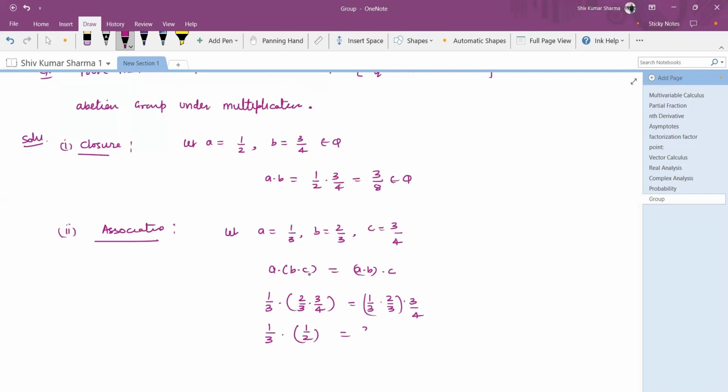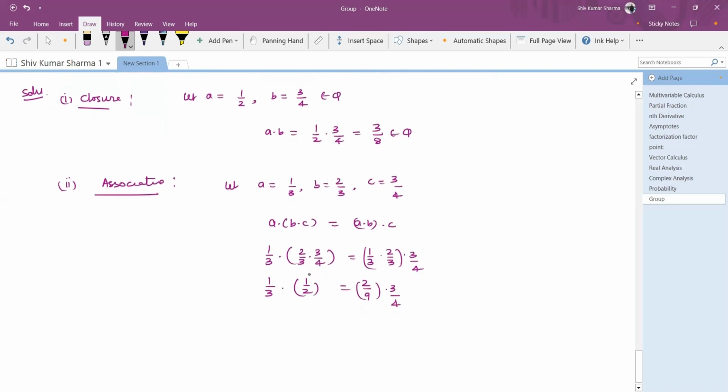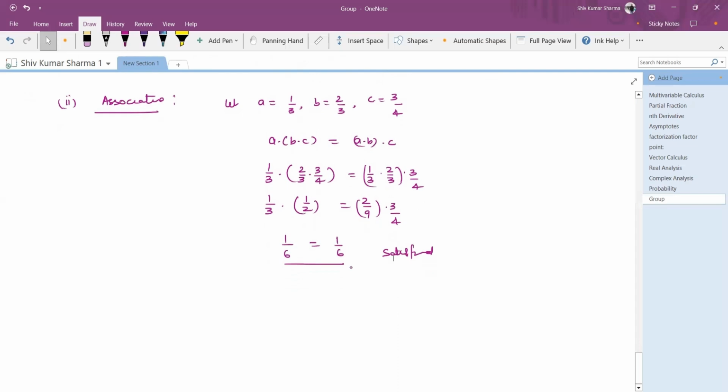On the other side it is 2 by 9, 2 by 9 into 3 by 4. Now we solve this: 1 by 3 into 1 by 2 gives us 1 by 6, and 3 by 3 is 9, 2 by 4 is 4, so this also gives us 1 by 6. Satisfied. So you can take any three elements from the set of rational numbers, and they also satisfy the associative property.